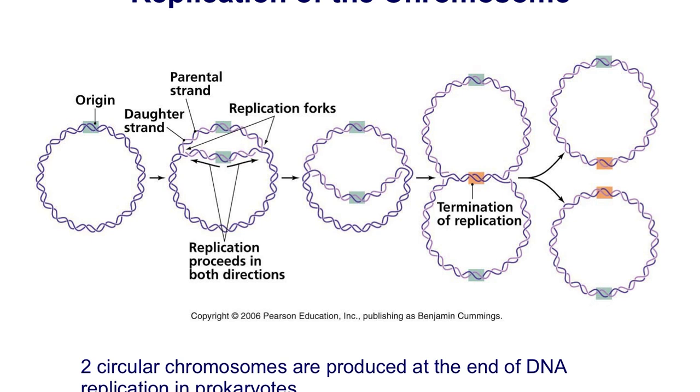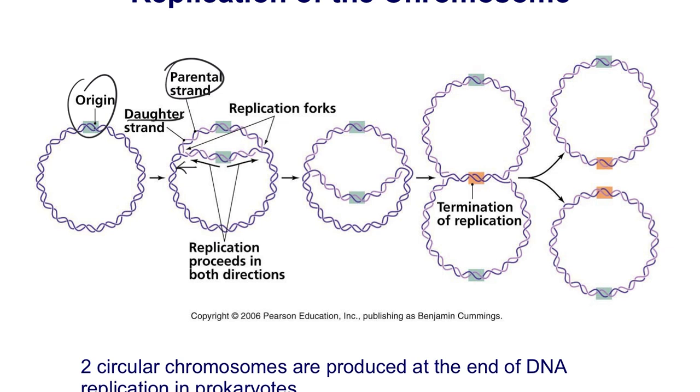Okay, so the origin is where DNA starts replicating before cell division, and then each side it opens up, and then the dark purple is the original strand, called the parental strand, and the light colored purple is a new strand that copies exactly from the old strand.